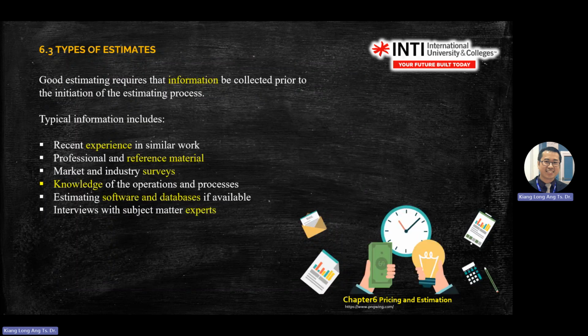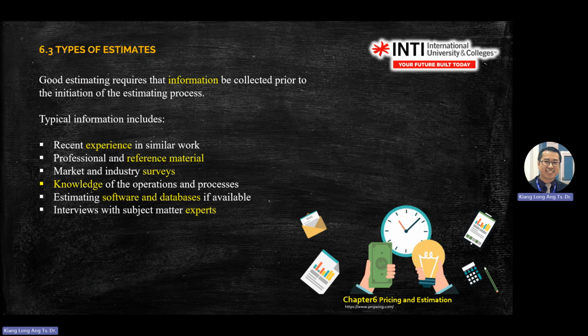Okay. Now, when we do estimation, we need to ask, how do we get information to help us do a good prediction or a good estimate? The traditional way is through your experience. Another one, like when you're doing your FYP, how do you learn useful information about your projects?